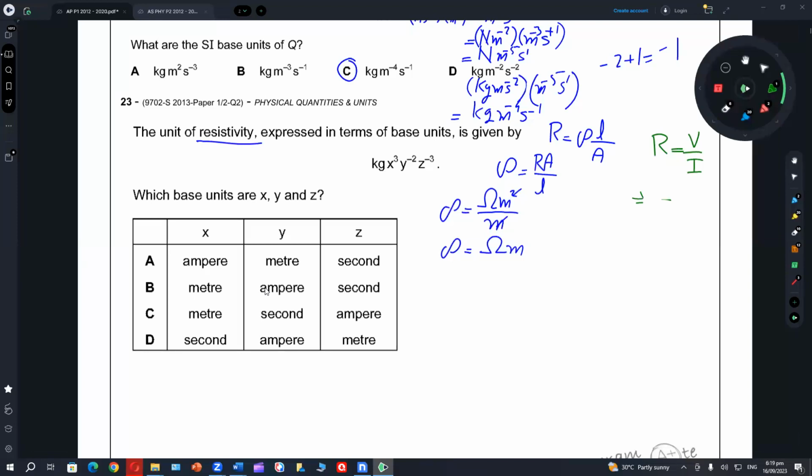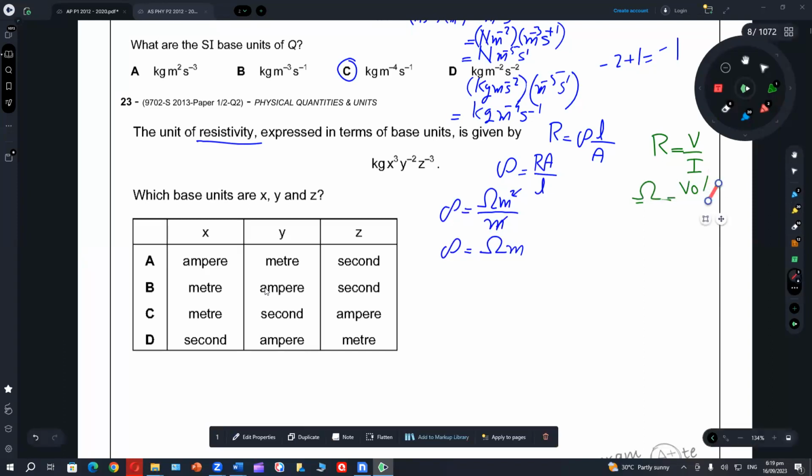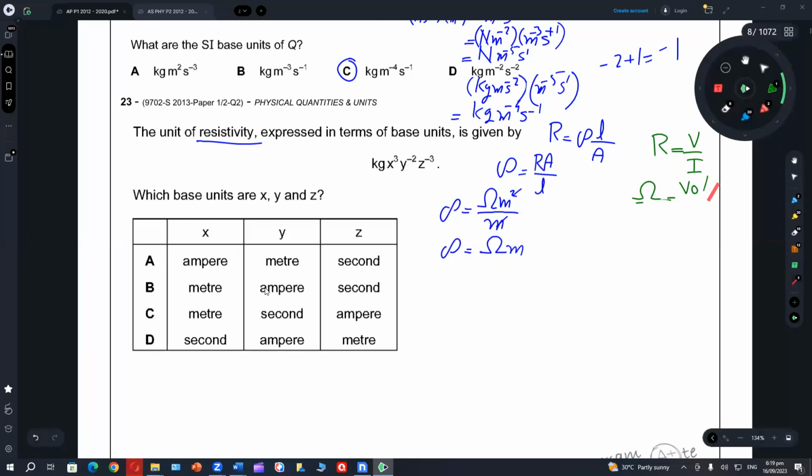So R is equal to omega, volt upon ampere. I stop again here so everyone can catch up with me.